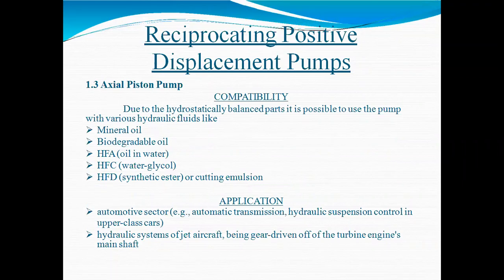Oil we can use in an axial piston pump: mineral oil, then biodegradable oil, then oil which is soluble in water. Okay, then water and glycol combination, and synthetic ester, which can be used for the cutting application. So in the manufacturing industry we can use the axial type of piston pump.